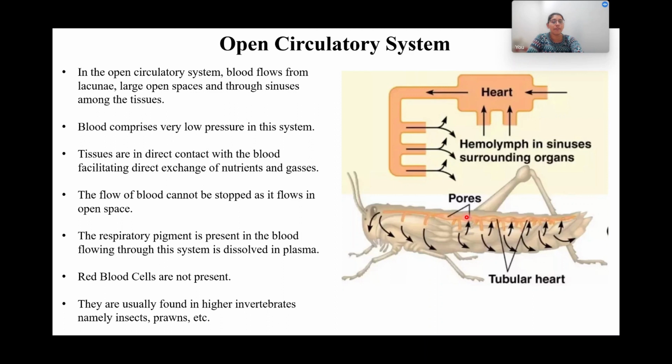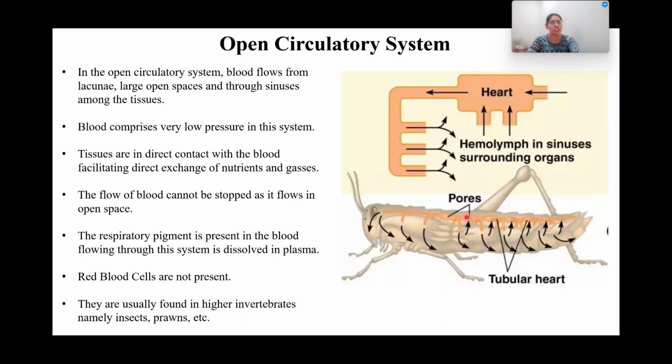where you have a medium of exchange for nutrients between the blood and the organs. But here in the open circulatory system, the tissues are in direct contact with the blood, which facilitates the direct exchange of nutrients and gases. And the flow of blood here cannot be stopped as it flows in the open space. So there is no restriction to the flow of blood.